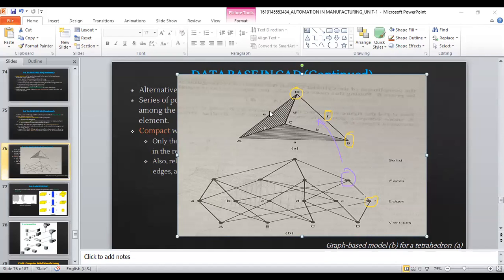This is one way of storing. Okay. Graph-based model. Right from vertices, edges, faces, solid. So each solid will have this structure. Each solid, like this kind of structure, if you are talking about the graph-based model, okay, clear, right?